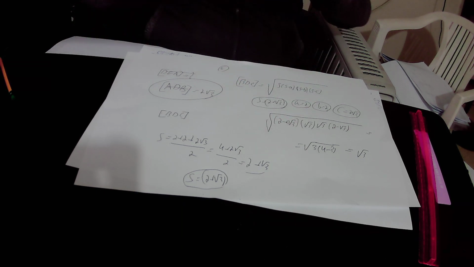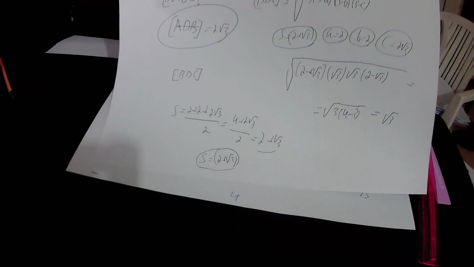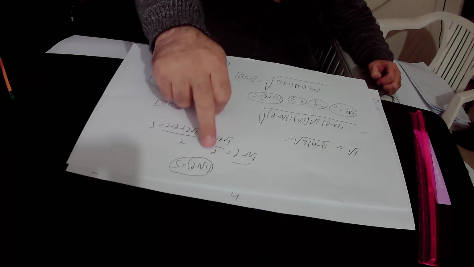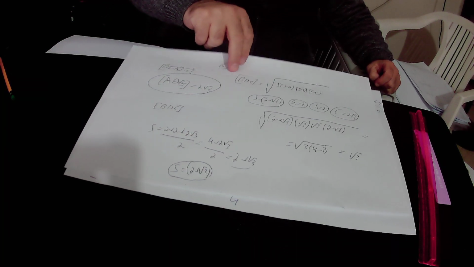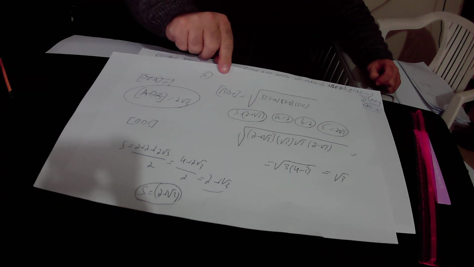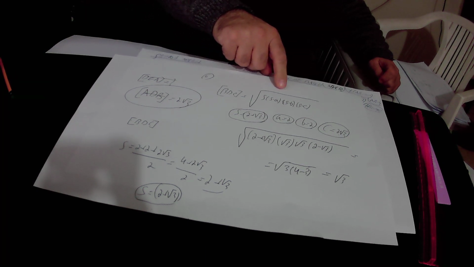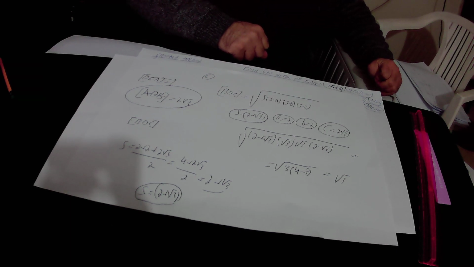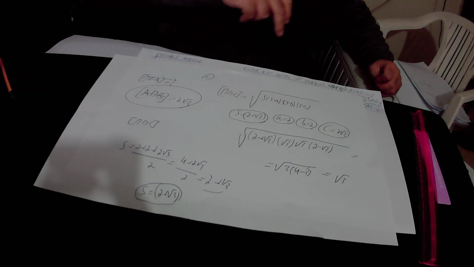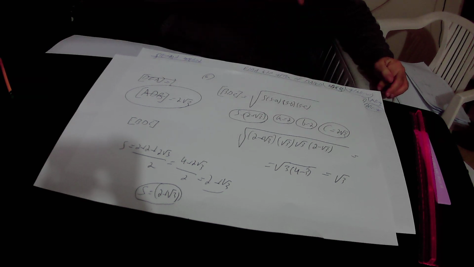So we found out that the semi-perimeter of triangle DBC equals 2 plus square root of 3, and the area of triangle BDC is equal to the square root of S times S minus A times S minus B times S minus C. S equals 2 plus square root of 3 units, A equals 2, B equals 2, and C equals 2 times square root of 3 units.